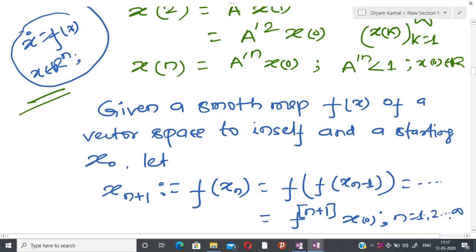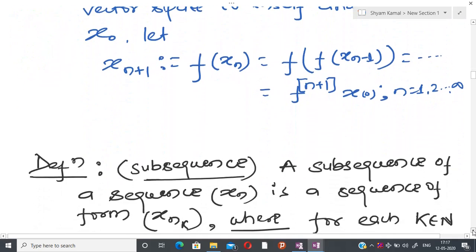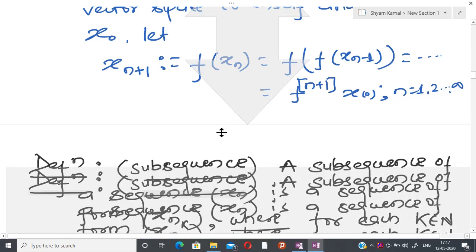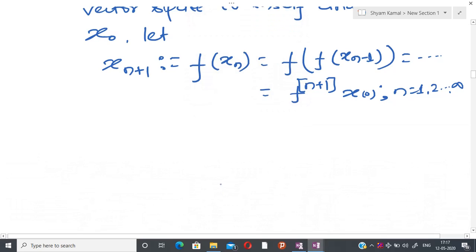So somehow we are talking about the sequence, and our question, because most of the time, as in the above example also, we are trying to see whether whatever sequence we have is going to converge somewhere or not, because that is important.